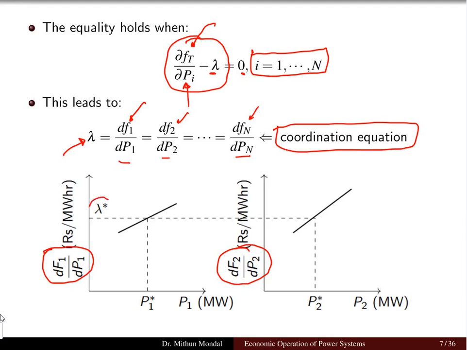Then for a constant lambda, which is the optimal lambda, we can find at what optimal value of power the curve is intersecting. Similarly, the other plant's curve intersects at its optimal value of power. So P1* and P2* demonstrate the optimal power production by plants 1 and 2, and this is the optimal incremental cost coming from the coordination equation.